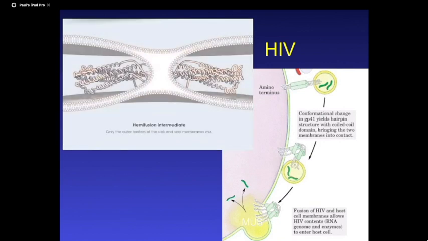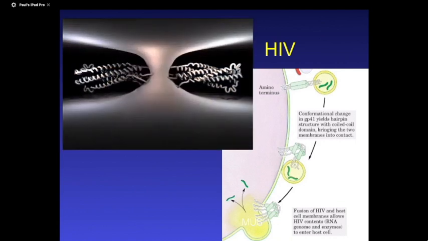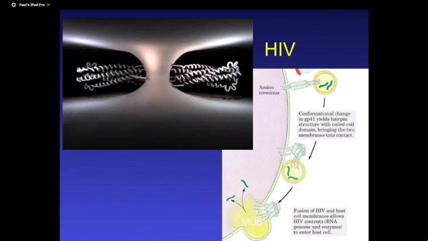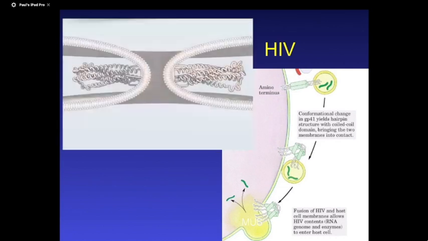And in almost every fusion, there is something similar. It has to be physically moved to bring those together. They don't just randomly come together. You actually have to force it to come together. Pulling it apart, creating a structural instability to make those membranes fuse. And now the membranes are fused, and I have a polar region in which the cytosols can mix.